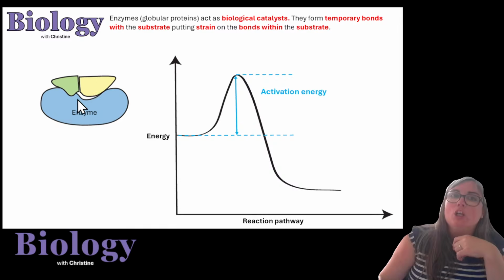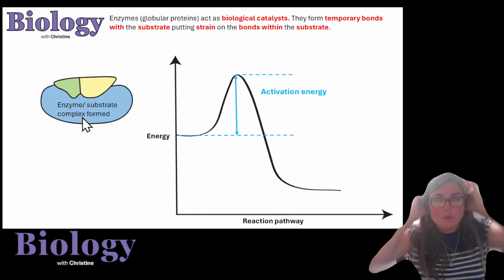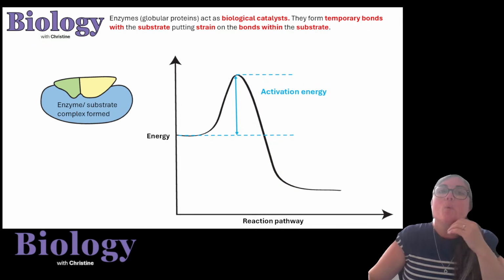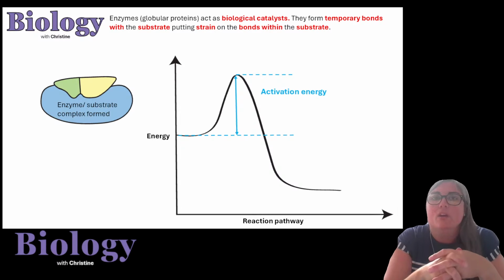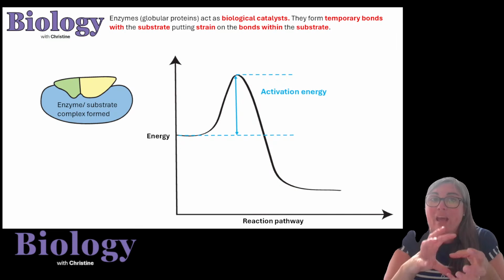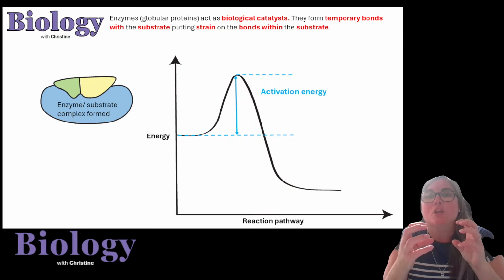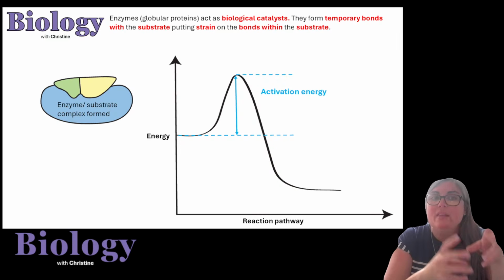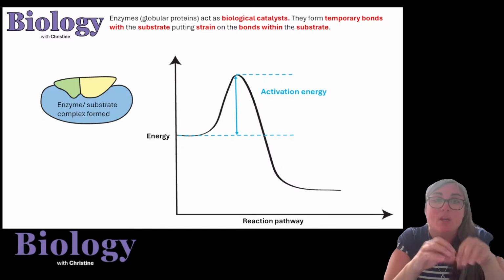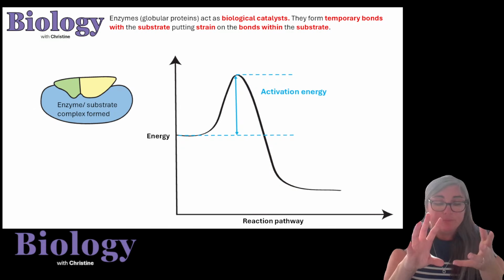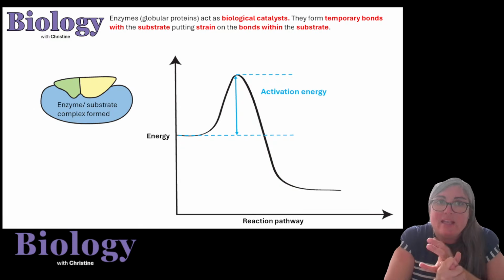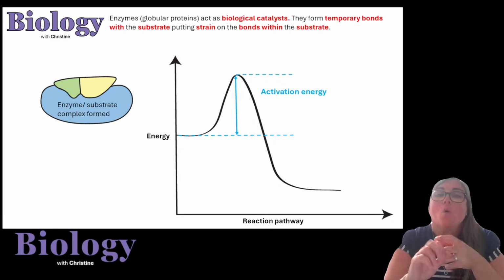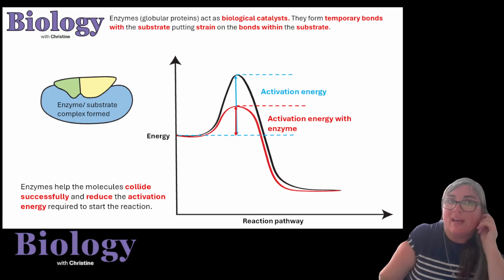If we include our globular protein, our enzymes, we are therefore going to have a biological catalyst. We are therefore going to allow for temporary bonds to actually be made when they form an enzyme substrate complex.